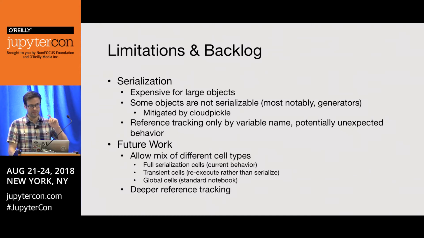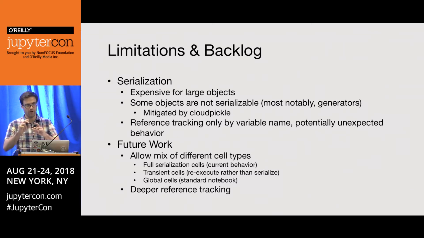The pattern I imagine for these cells is that rather than serialize, they would just re-execute if their input is ever needed again. So you could imagine a serialized cell that has all of its outputs cached, and then some transient cells that depend on that.